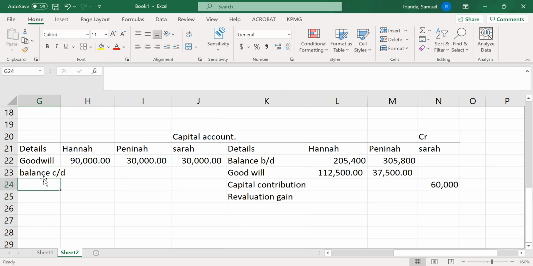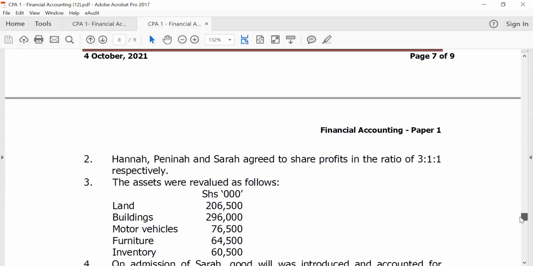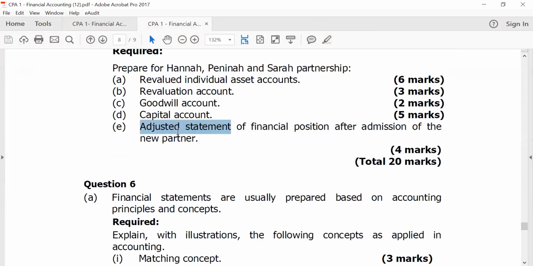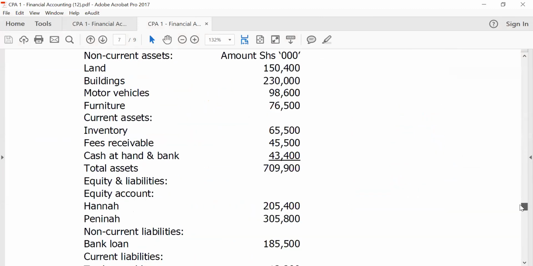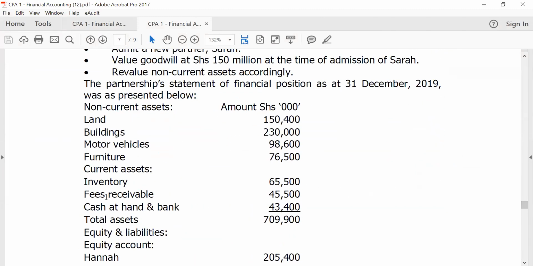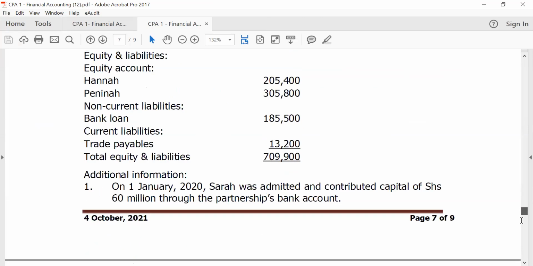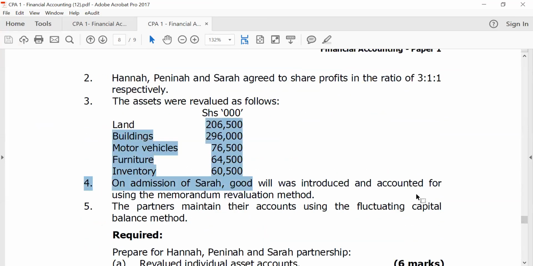But remember, one of the questions was requiring you to redraw the statement of financial position in order to present it. So when you come to your new statement of financial position, because that is one of the last parts, the adjusted statement of financial position, what you're going to do is, like I told you, these land, buildings, motor vehicle, furniture will have new values, and those new values will be as per these values.